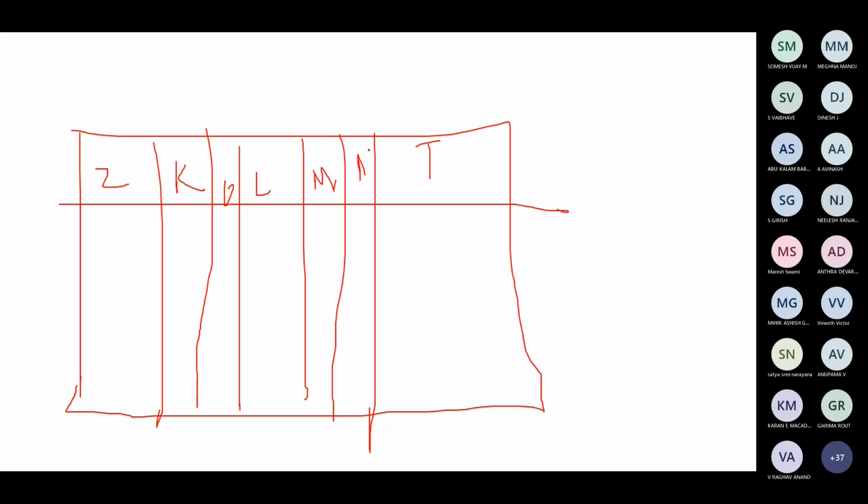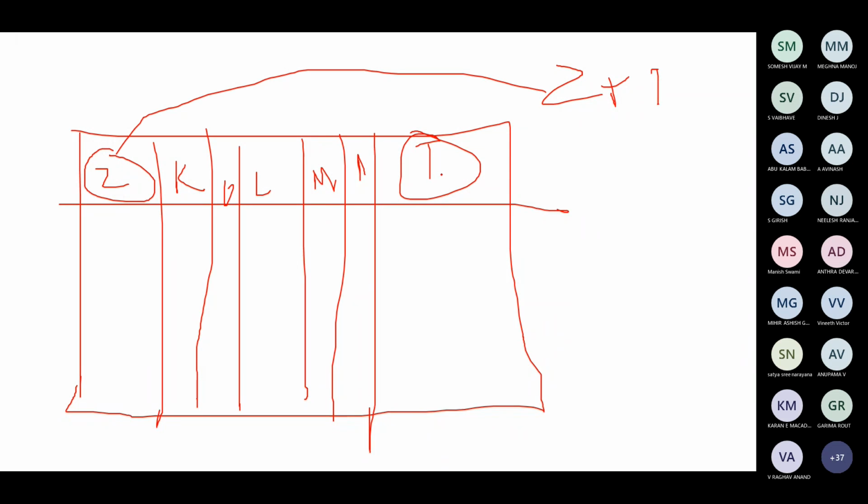Now, very important, please understand: you take the first feature and the target variable, combine these two, and take the accuracy out of it.